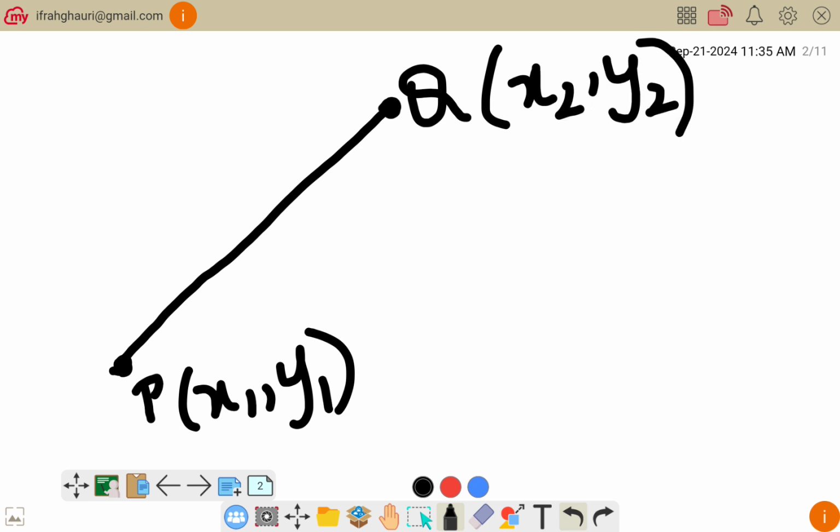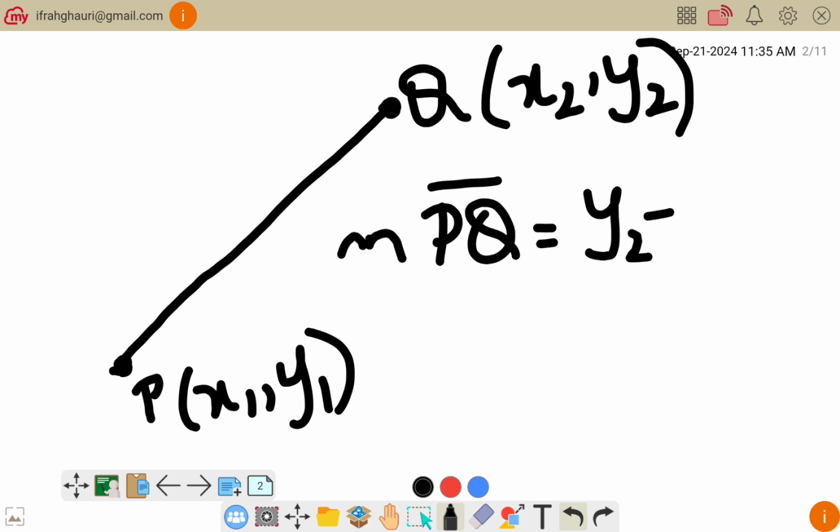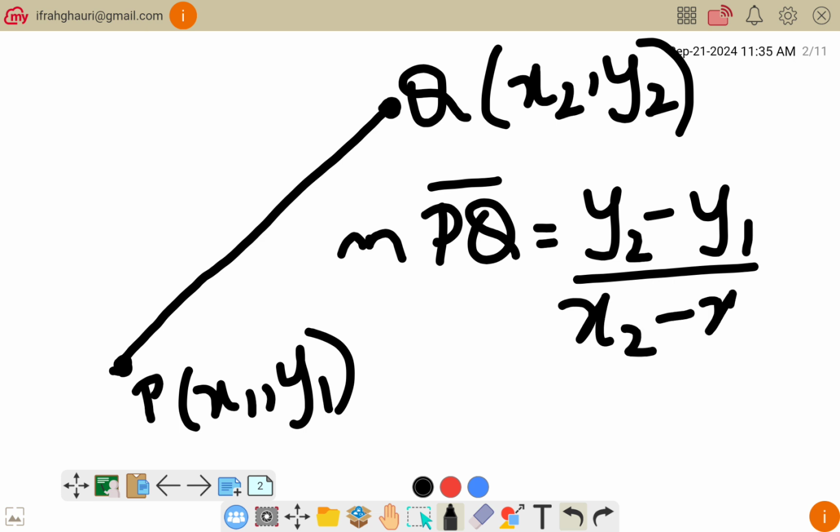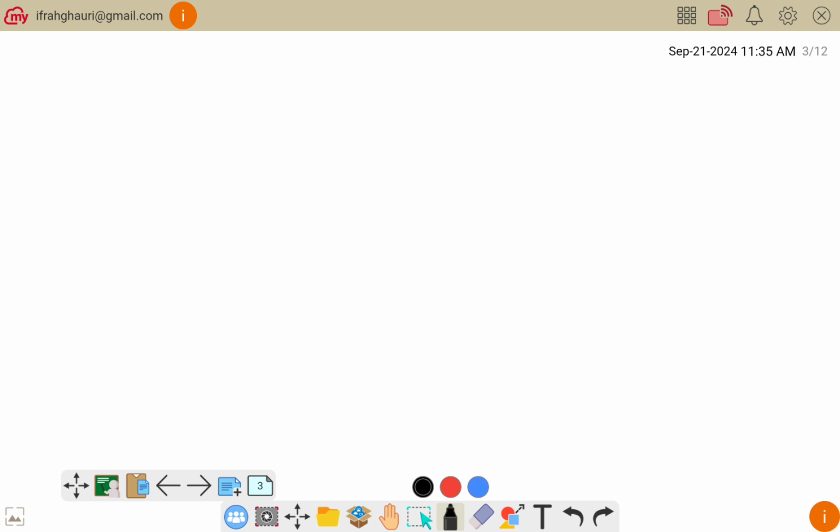Now, how do we find the gradient of the line PQ? The gradient of the line, represented as MPQ, is given as y2 minus y1 over x2 minus x1. So this is how we find the gradient of our line PQ.